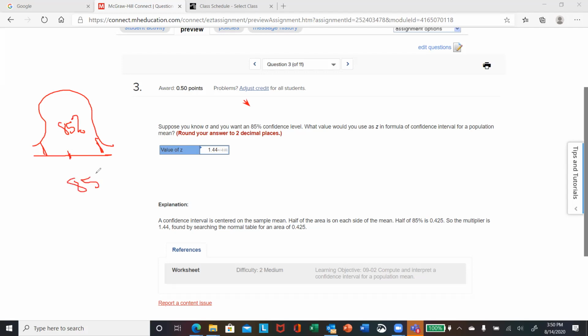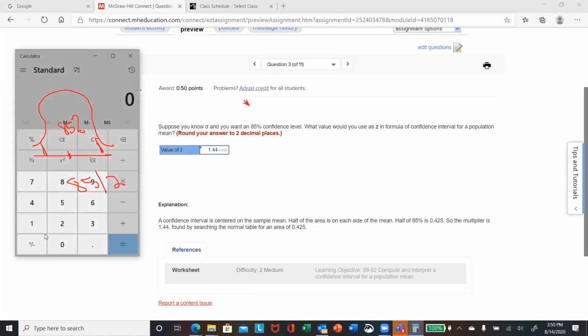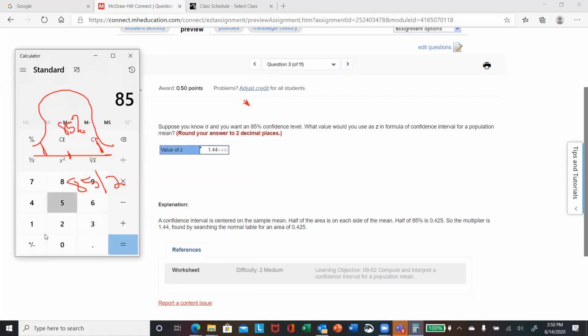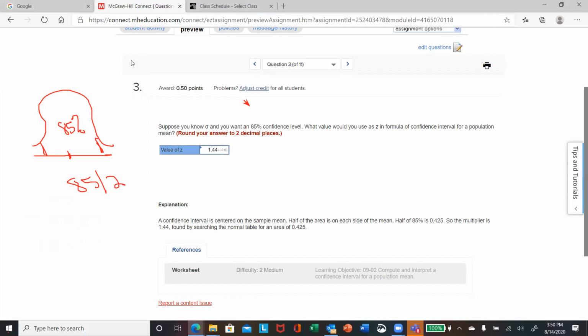So you take your 85 and divide that by 2, and that'll be the area that you want to look up in your table. So 85 divided by 2 is right at 0.425.